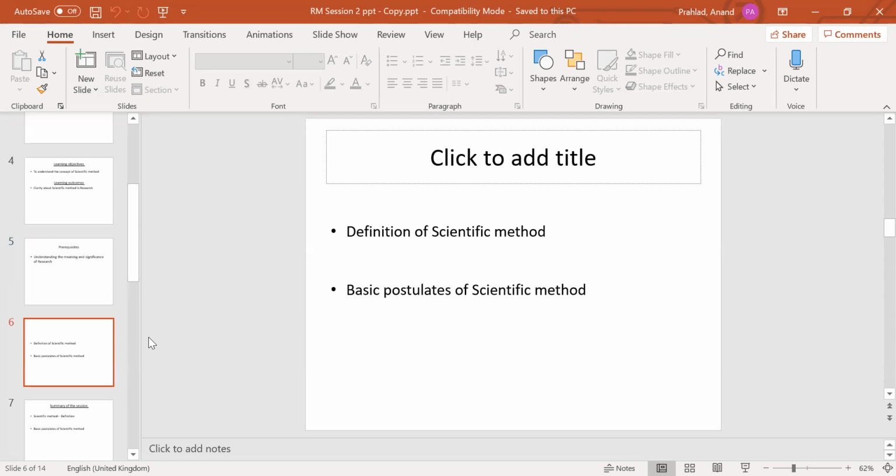Now, to understand what scientific method is: in scientific method, we pursue the truth, or we are in search of truth, but we keep logical considerations in mind. The ideal of science, as we all know, is to achieve a systematic interrelation of facts. Now, how do we achieve this ideal?